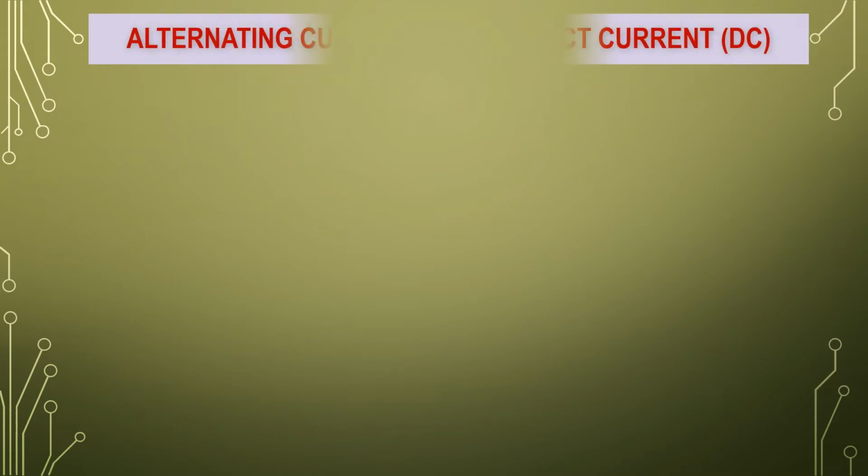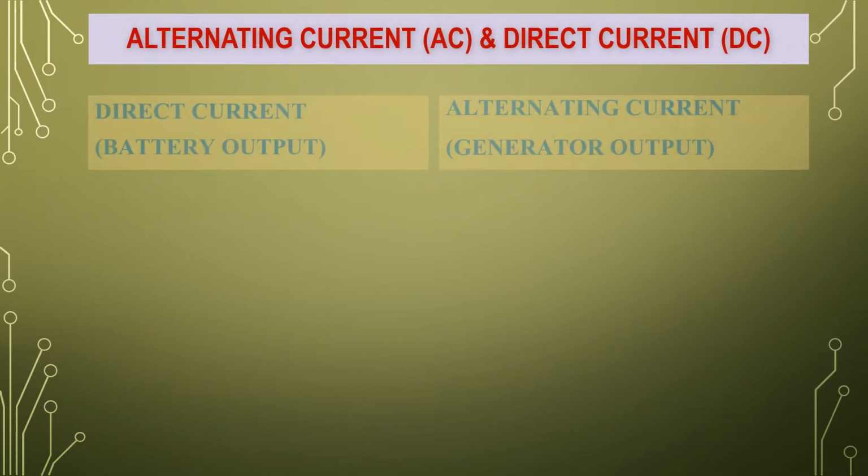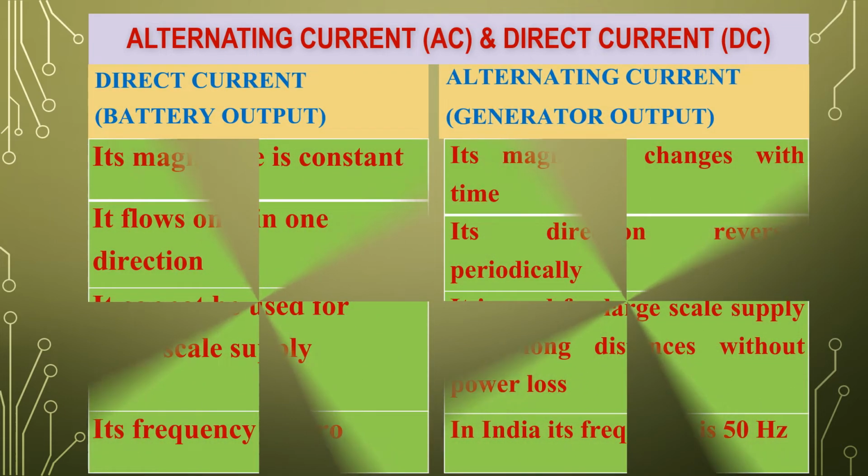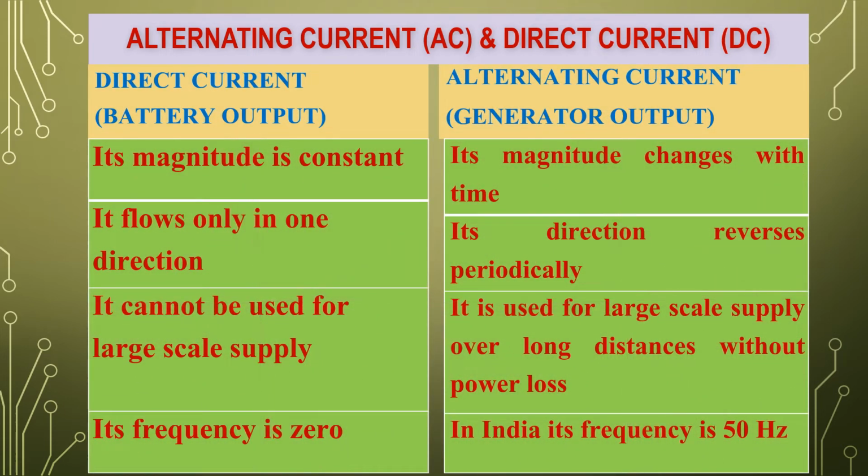Children, now let's see the difference between alternating current and direct current, that is AC and DC. A direct current is an output from a battery, cell, etc. But alternating current is the output of a generator, that is the AC generator. Let's compare the main features.